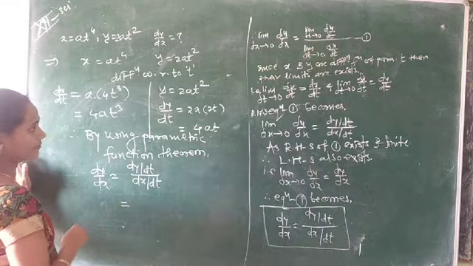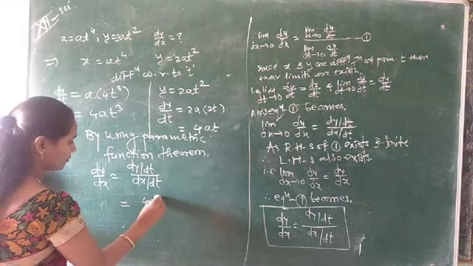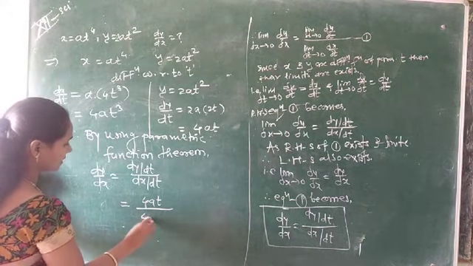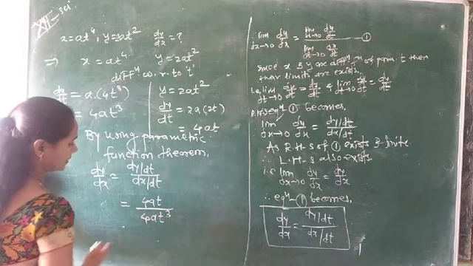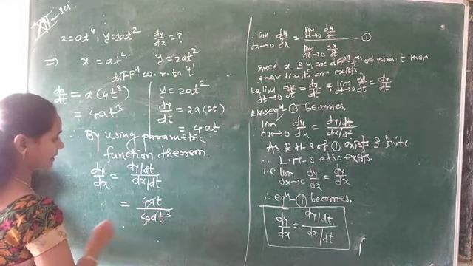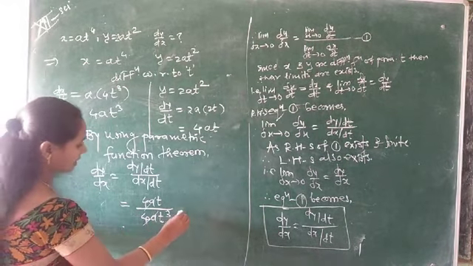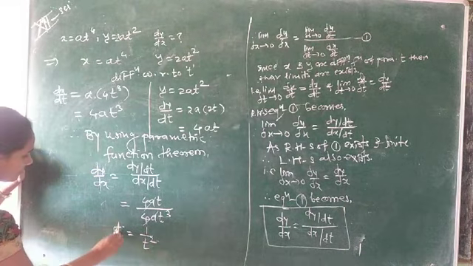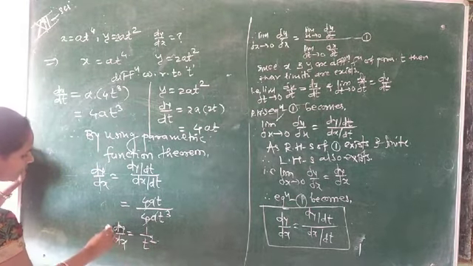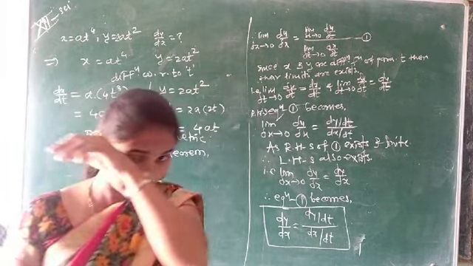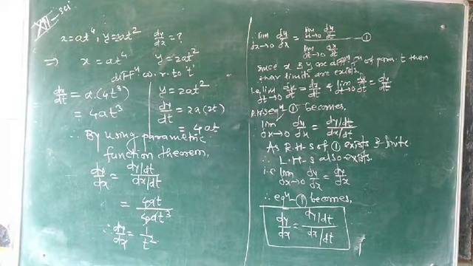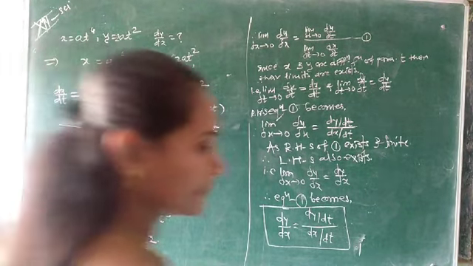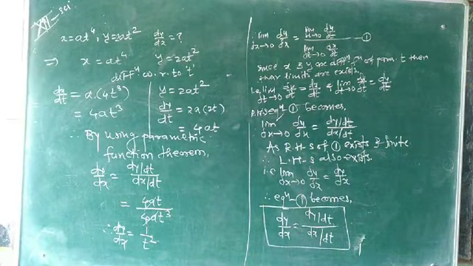The value of dy upon dt is 4at and dx upon dt is 4at cube. So 4a will cancel, and t upon t cube means 1 upon t square. Therefore dy upon dx is equal to 1 upon t square. And in the next lecture we will see our next exercise, exercise number 1.2.